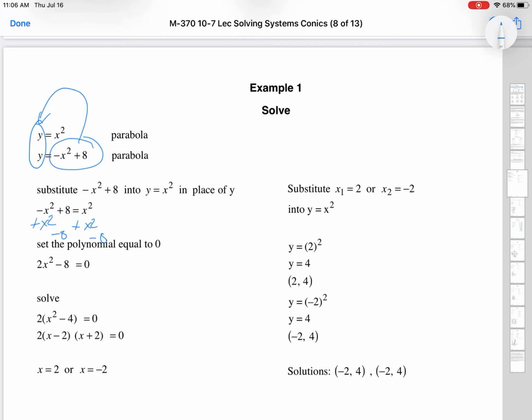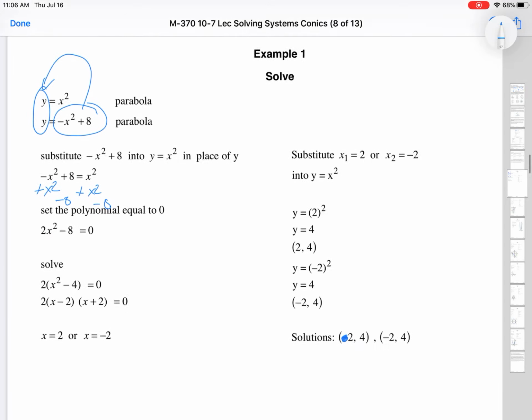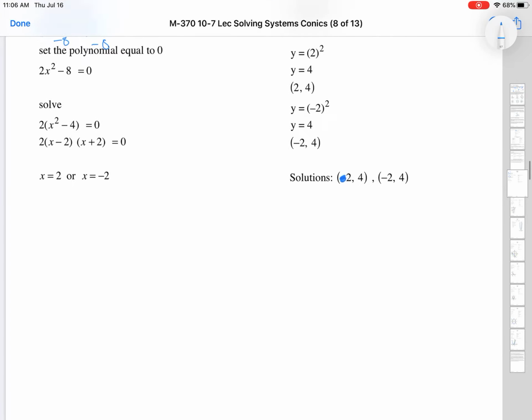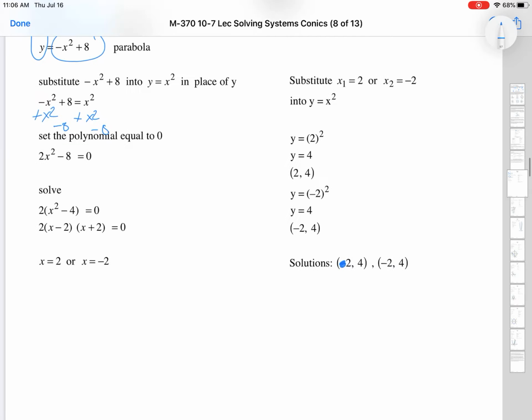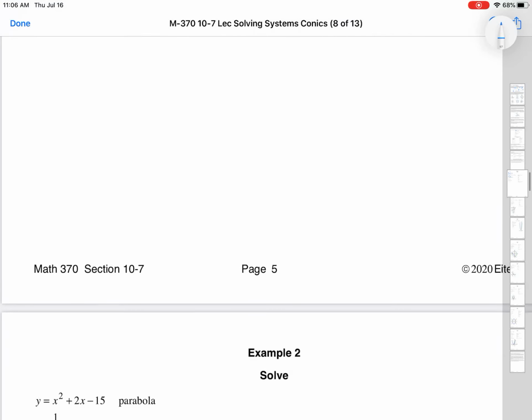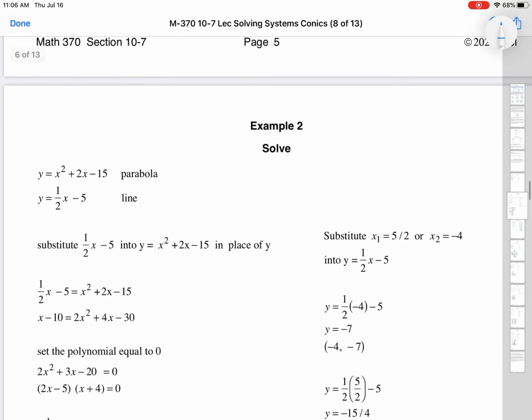Both of these are not one-to-one. They're both parabolas. And so as we substitute the 2 in, we get a 4 out. As we substitute the negative 2 in, we also get a 4 out. So one of the solutions is 2, 4. The other one is negative 2, 4. And we're finished. And two parabolas can't intersect in more than two places, so you don't have to worry that you're missing a solution at all.